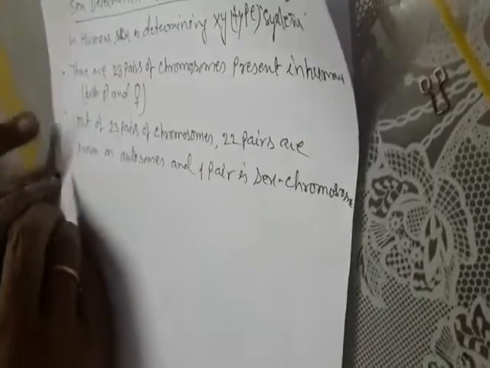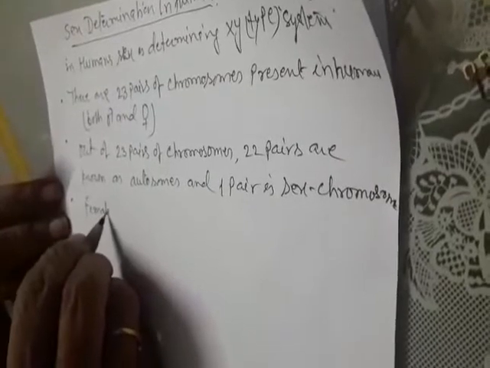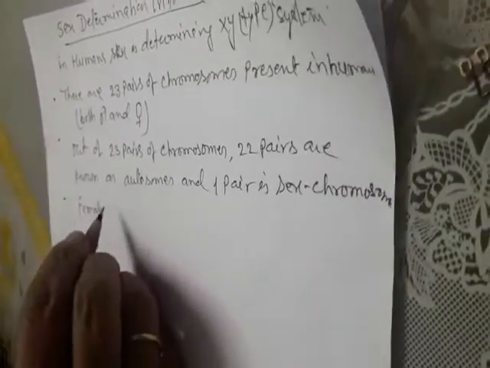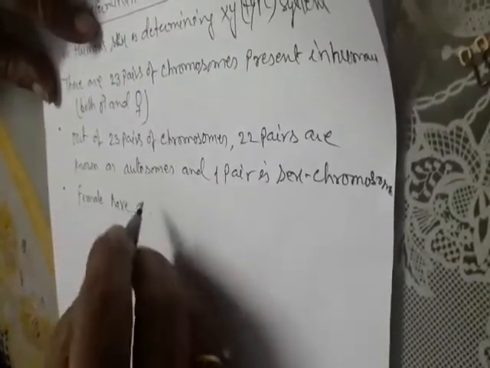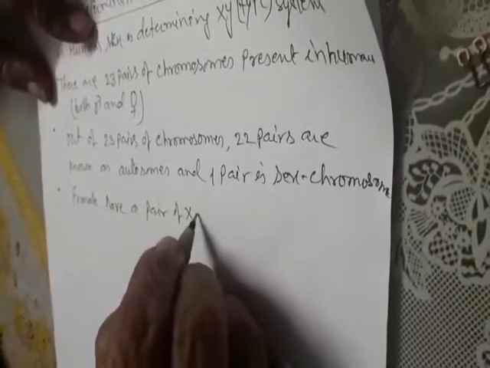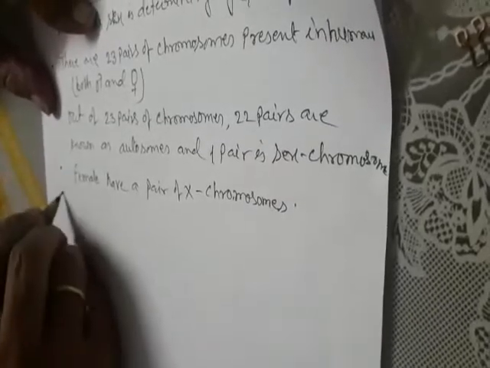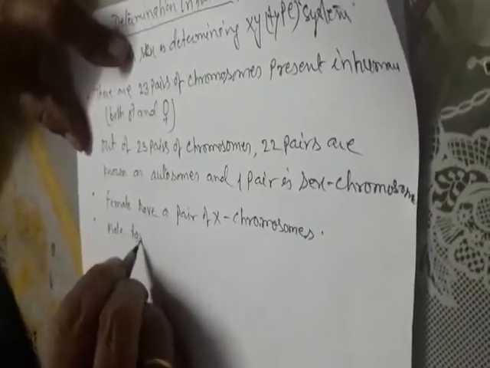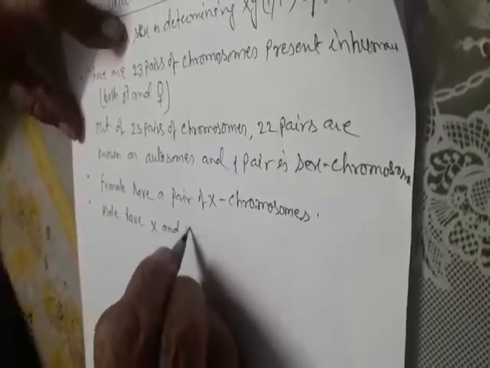Sex chromosome: female have a pair of X chromosomes, whereas male have X and Y chromosomes.